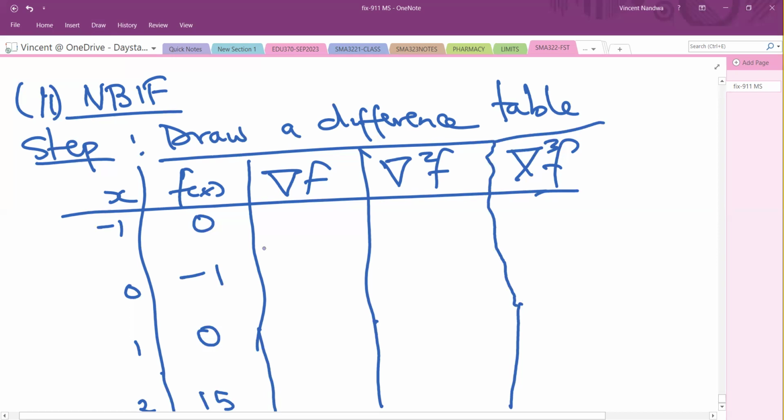So which number should I fill between -1 and 0? -1.